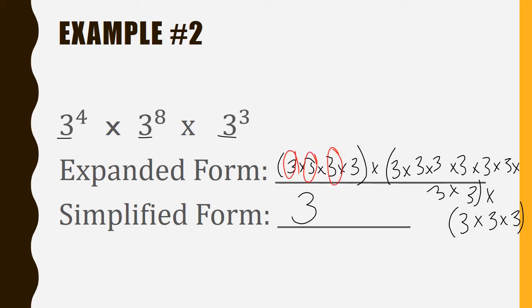So 1, 2, 3, 4, 5, 6, 7, 8, 9, 10, 11, 12, 13, 14, 15 total times. So 3 to the 4th times 3 to the 8th times 3 to the 3rd is the same as 3 to the 15th power.